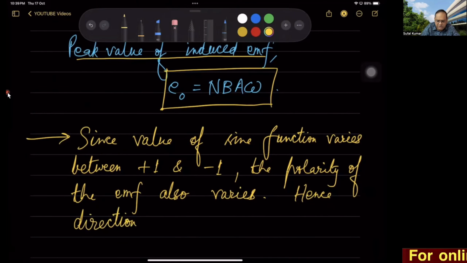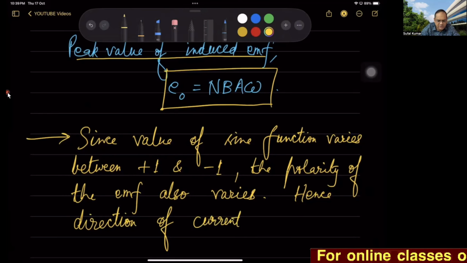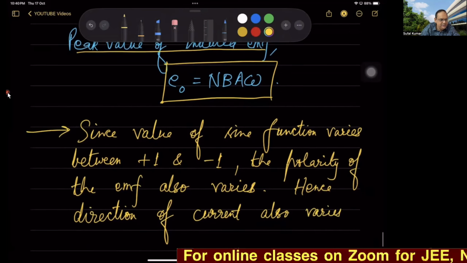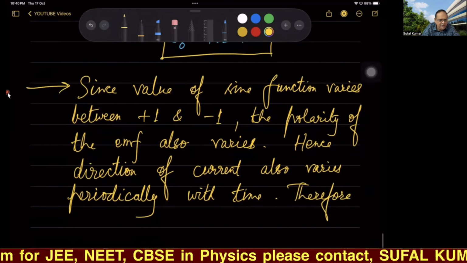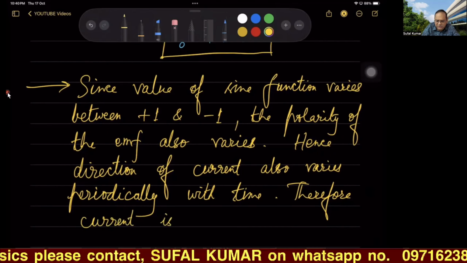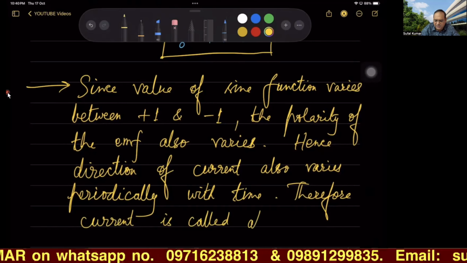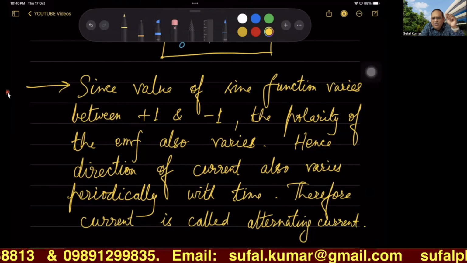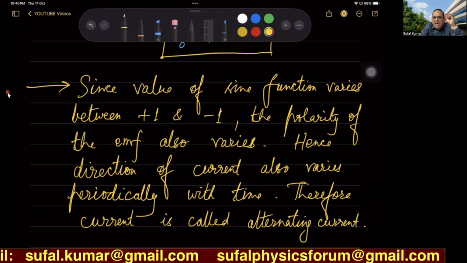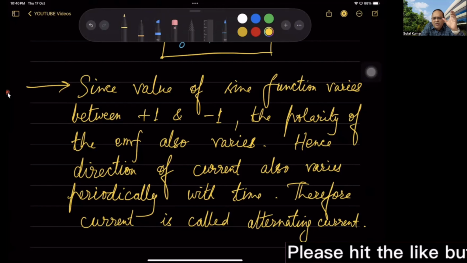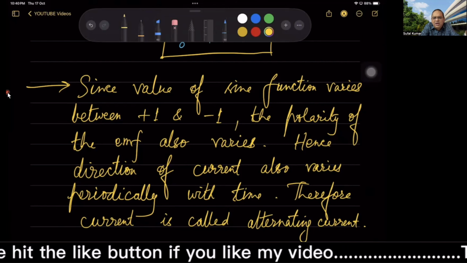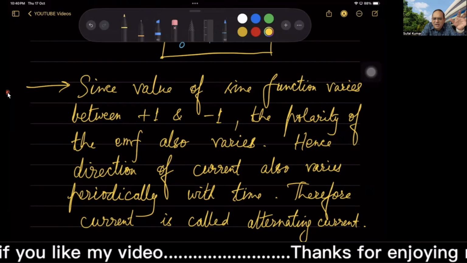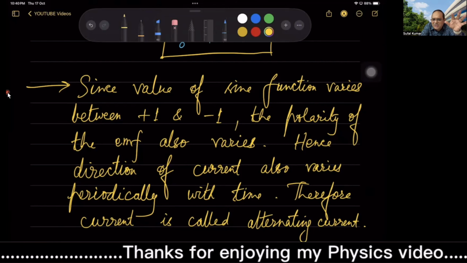Since the value of the sine function varies between +1 and -1, the polarity of the EMF also varies. Hence, the direction of current also varies periodically with time. Therefore, the current is called alternating current. Previously, just a few minutes back, we had a discussion from which we could learn through the device how current is alternating.